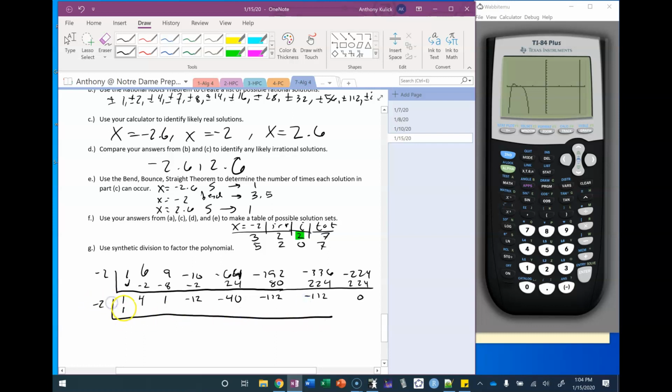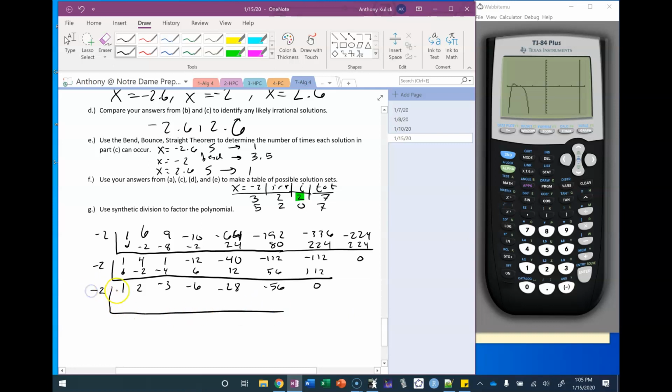And then I know I can use that -2 at least 3 times. So let's just go again. That's +56, -56, +112. Okay.